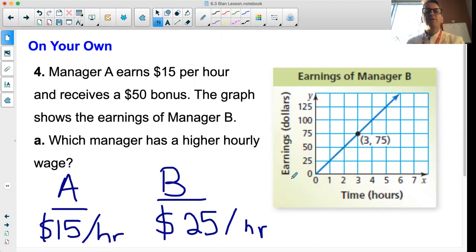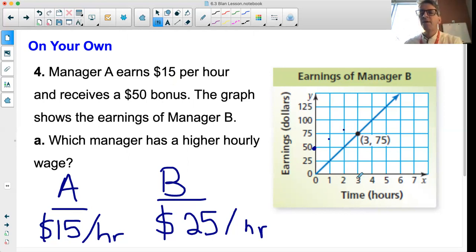We're going to start at the $50 bonus, because when manager A comes to work, he gets a bonus right off the bat at $50. After 1 hour, he's at 65, so I'm going to put that right about here. 2 hours would be another $15, at 80, right about there.